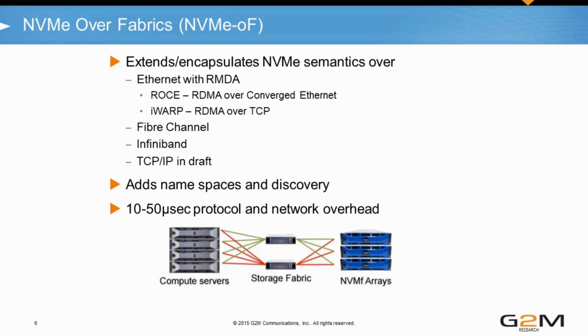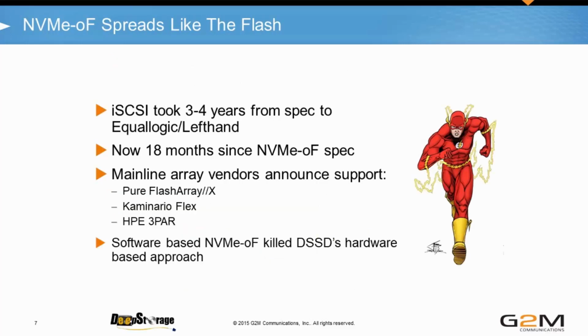And that's almost more than an order of magnitude faster than the SCSI alternative protocols. And that means that we can now have shared NVMe SSDs take advantage of all of the HA and application mobility advantages of shared storage while still having the ultra low latency that NVMe delivers.